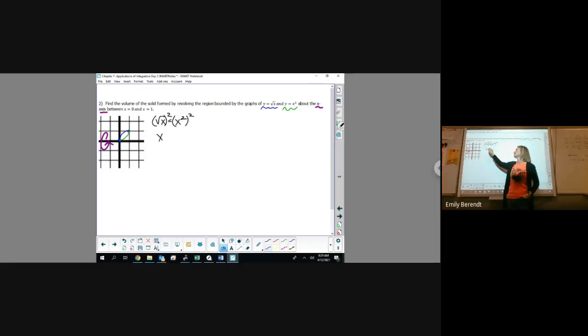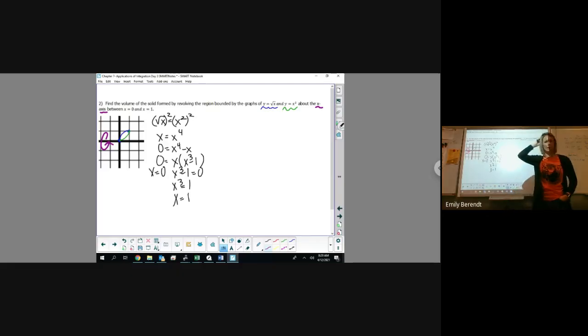So you would get x equals x to the fourth, then you'd have 0 equals x to the fourth minus x, and then you'd factor. 0 equals x times x cubed minus 1, so x equals 0, or x cubed minus 1 equals 0, x cubed equals 1, x equals 1. So if you can't see it from the graph, don't forget that you set the equations equal to solve for it.